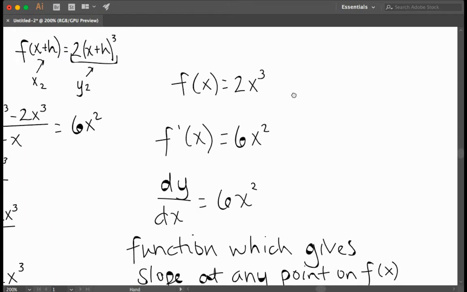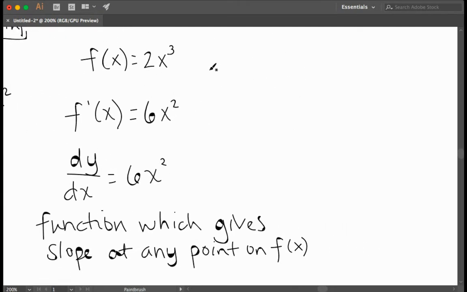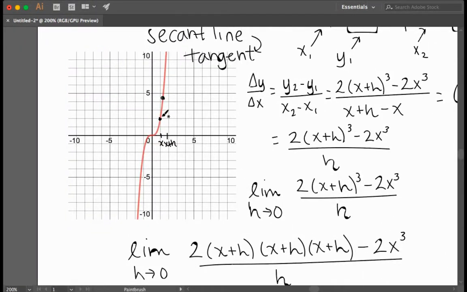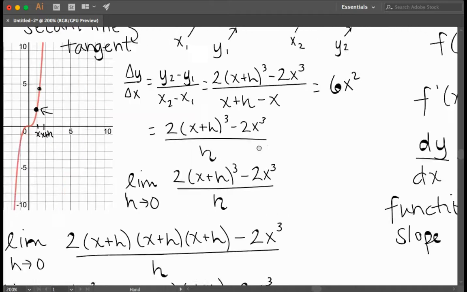So say we want to know, so again, remember we said there's two ways you can think about it on this curve, 2x cubed. If you want to be at this point right here, you can think it's the instantaneous velocity, or it's the slope of the line tangent to the graph at that one point when x is 1.